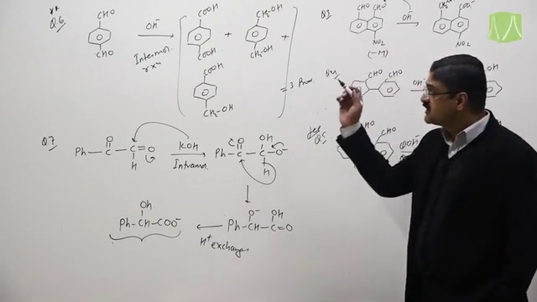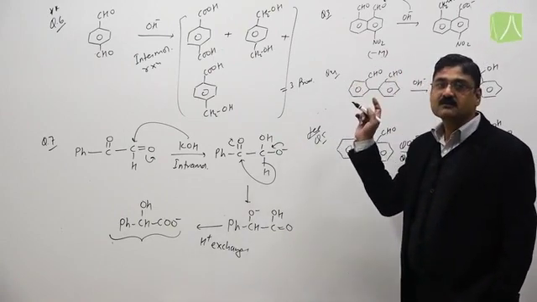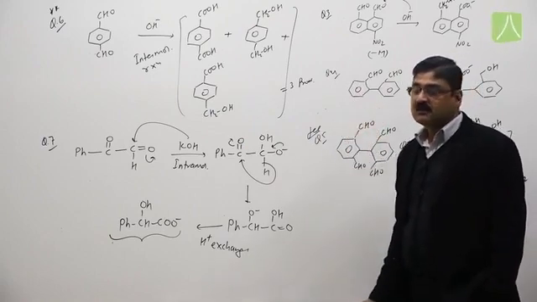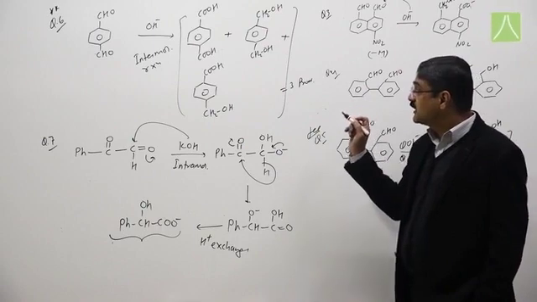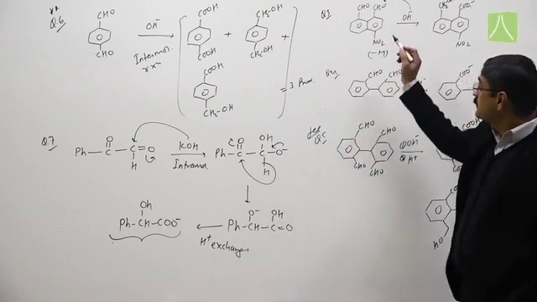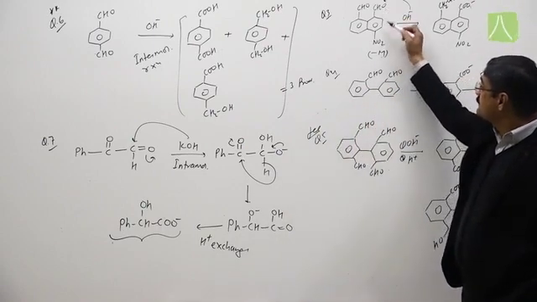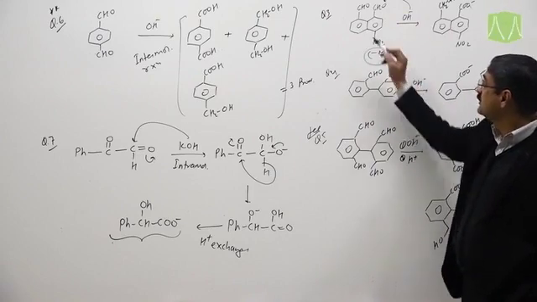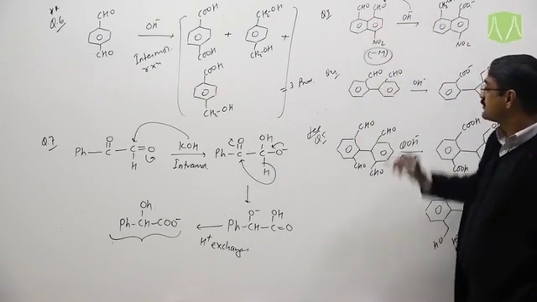So there is simple Cannizzaro, intermolecular, then cross Cannizzaro between two different aldehydes, and last the intramolecular Cannizzaro reaction in which the more reactive aldehyde is oxidized because of the minus M group, its reactivity being more, and the less reactive is reduced.